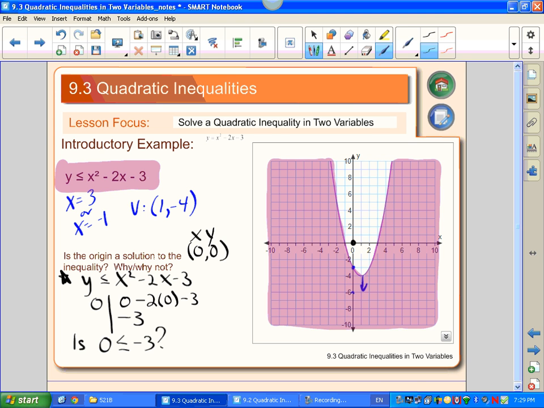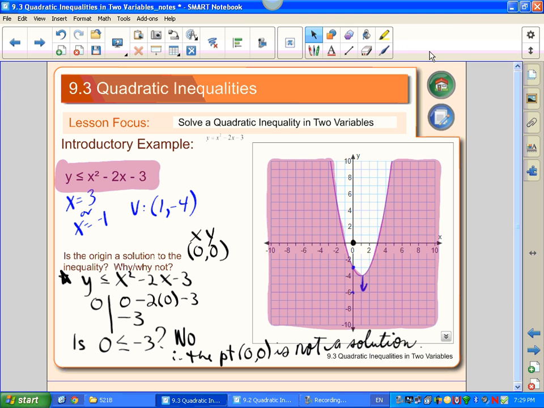Is that true? No. So this is false. Therefore, the point 0, 0 is not in the solution region, or is just even simply not a solution. So we can answer the question algebraically and we can answer it graphically.